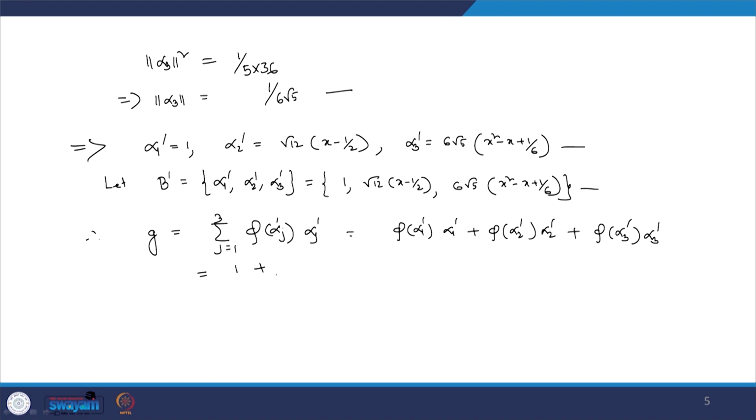Phi of alpha 2, we know, is root 12 into x minus 1 by 2.